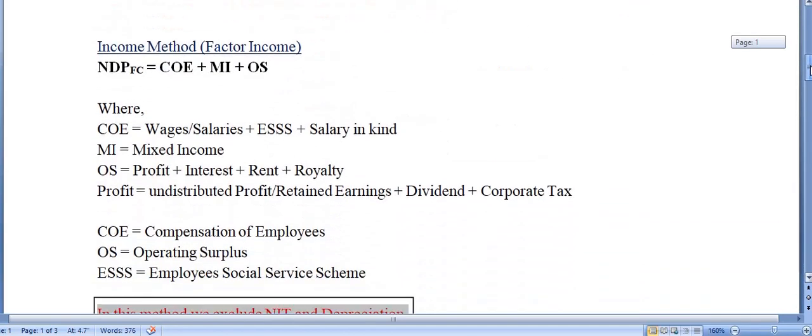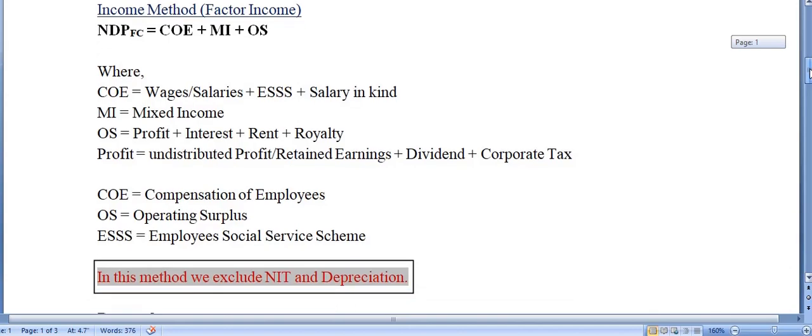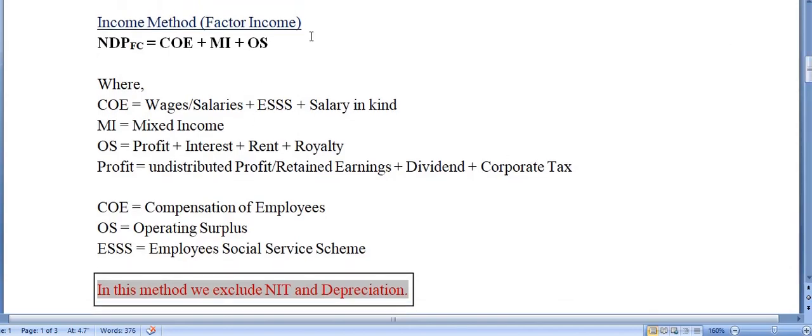Now, this income method formula is very simple. NDP at FC equals COE plus MI plus OS. That's it. Finished. Income method formula.